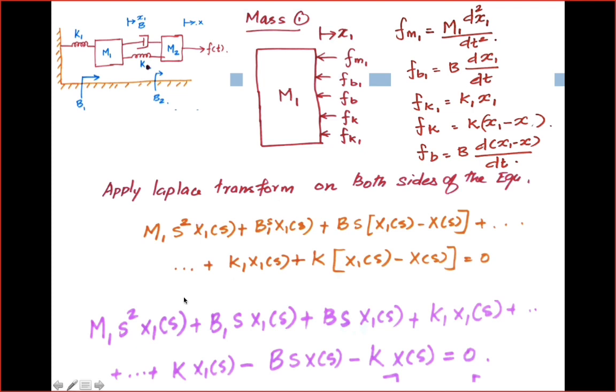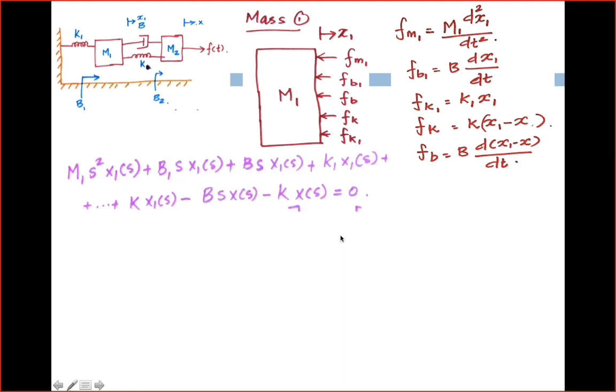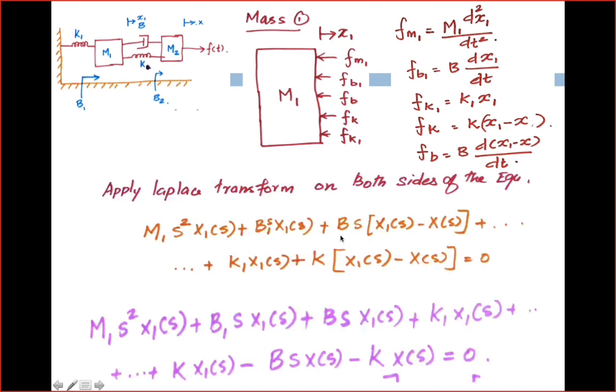Here we have two terms, X1 of s and X of s. We are going to separate X1 of s and X of s. For example, take this term, b s into (X1 of s minus X of s).